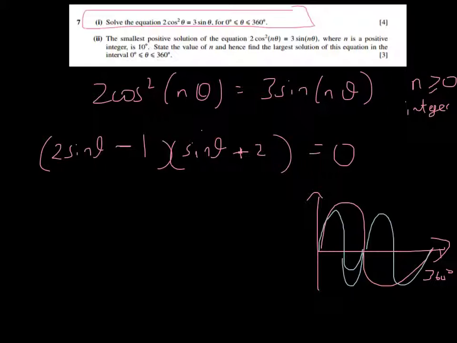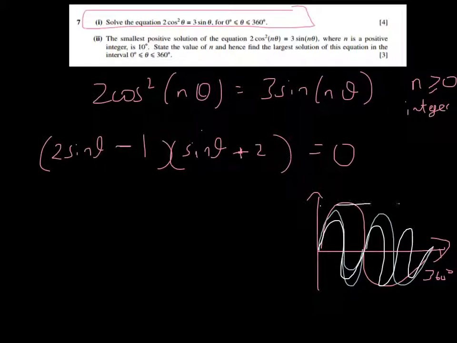And if we go further to n is 3, so sine 3 theta, the period would now be 120 degrees, so we would fit in three in the space of there. Something like that. It didn't work out very well.